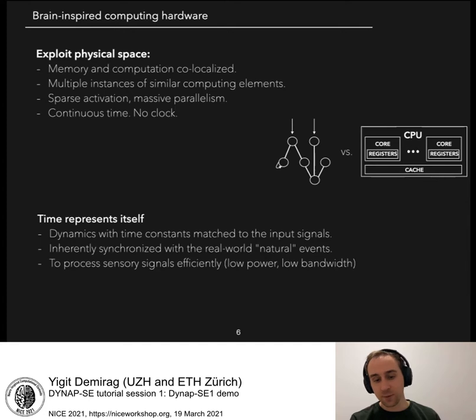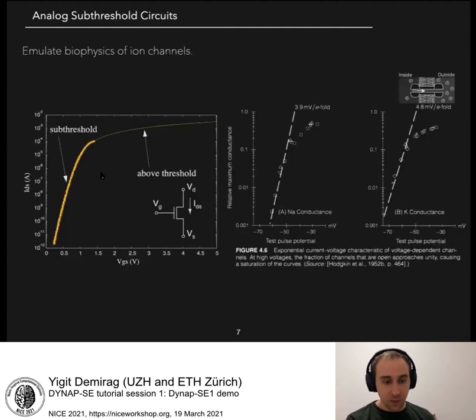So for the next couple of slides, I'm going to show you how we are building these circuits implemented on DYNAP-se, to both match the time constant of the signals that are coming and also to process them. Every analog neuromorphic chip that we develop at the Institute of Neuroinformatics works in the subthreshold regime, where the drain-source current shows exponential dependence on the gate-source voltage of the transistor.